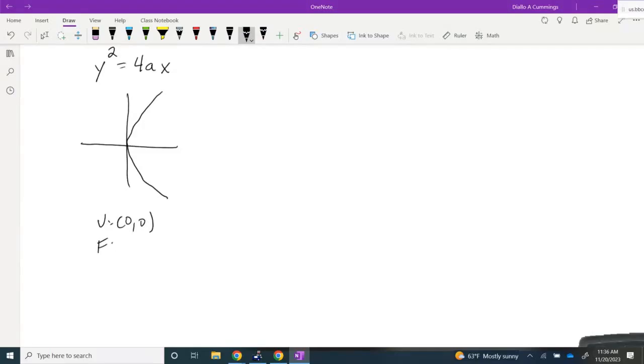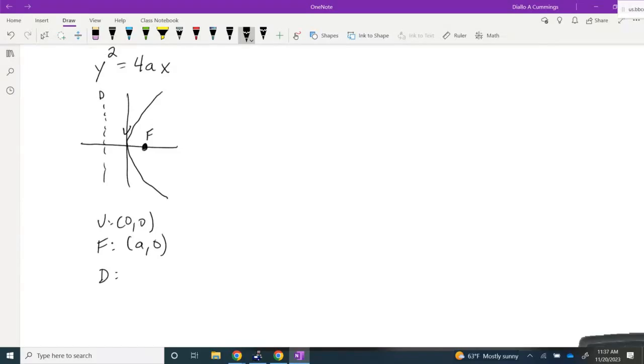The focus is going to be here, right? So what do you think the coordinates for the focus would be? Well, the coordinates for the focus are going to be (a, 0). Because remember, a is that distance from the vertex to the focus. a is also that distance from the vertex to the directrix.